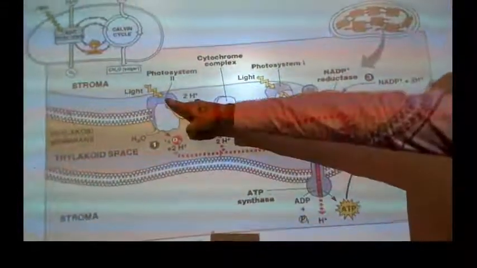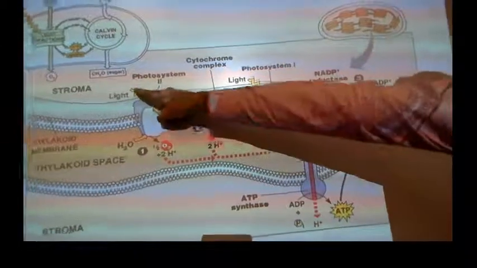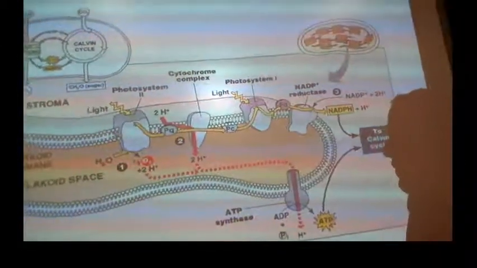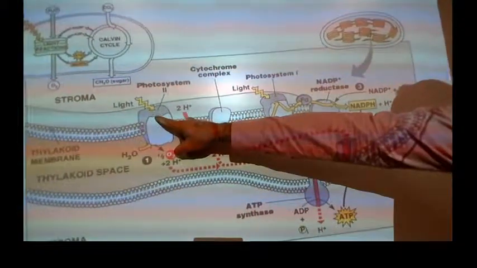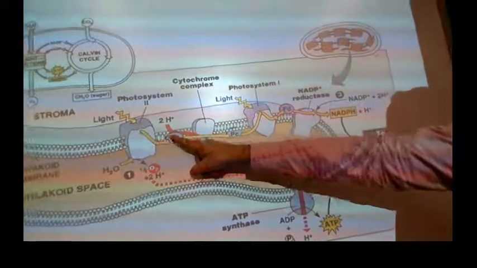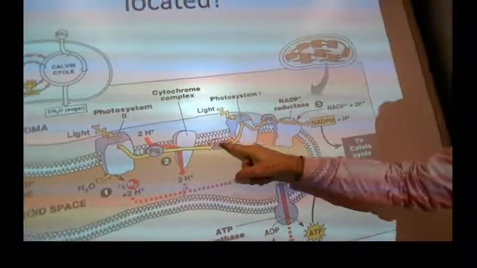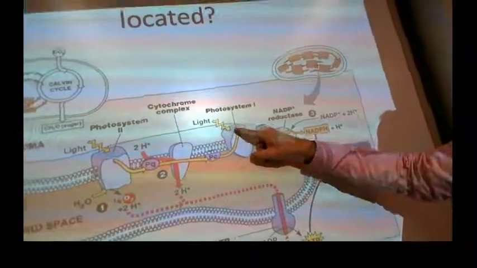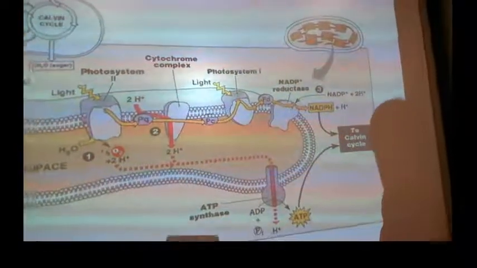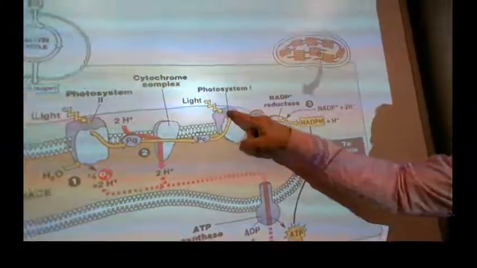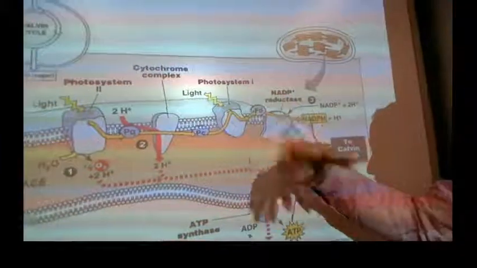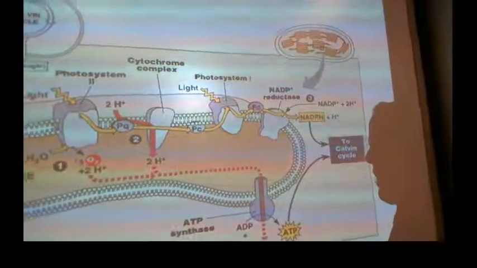So here's our first cluster of chlorophyll pigments that are going to accept energy from the sun. They're going to excite our electrons on our magnesium, and those electrons are going to move through a series of proteins until they wind up in our second cluster of chlorophyll pigments. This second cluster is going to accept energy from the light to re-excite those electrons.